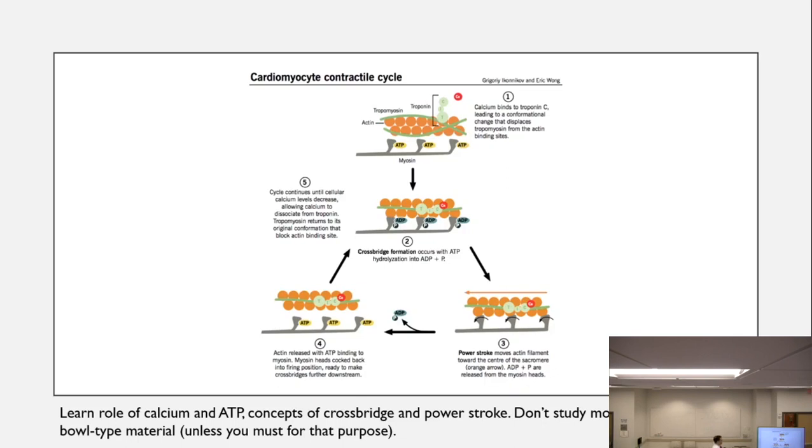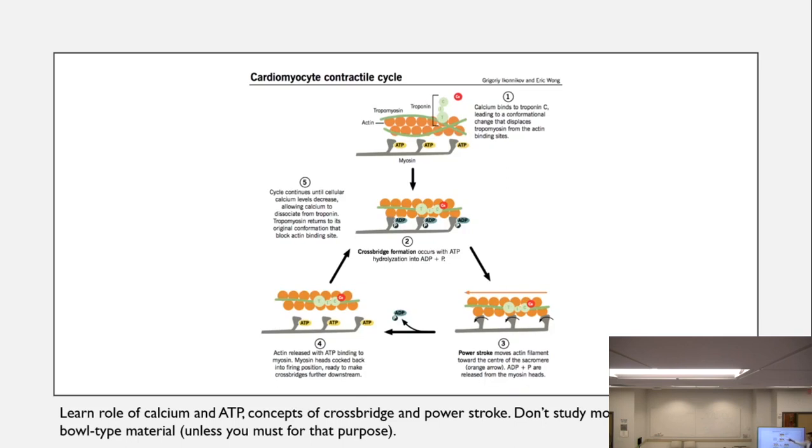After tropomyosin moves, we have the myosin heads binding to actin, and notice what happens with ATP. It's broken into ADP and phosphate. Phosphate is there. That union of actin and myosin is what we know as cross-bridge formation. You have the actin, you have the myosin head, and they interact. That is cross-bridge formation.